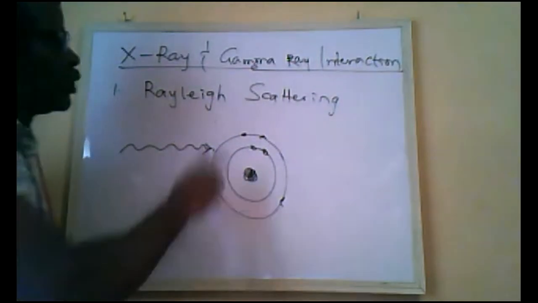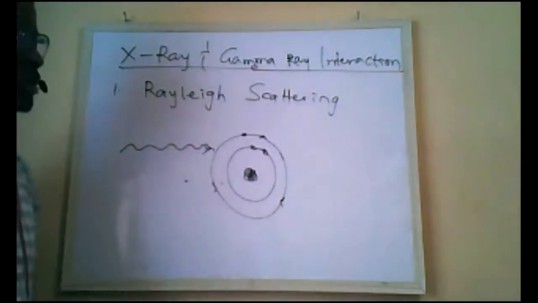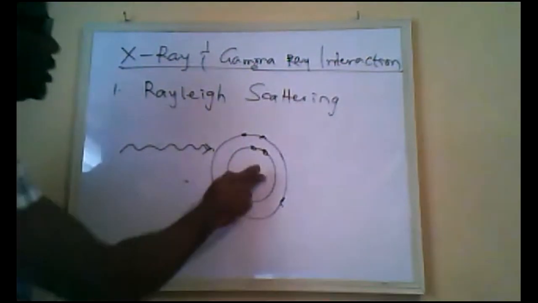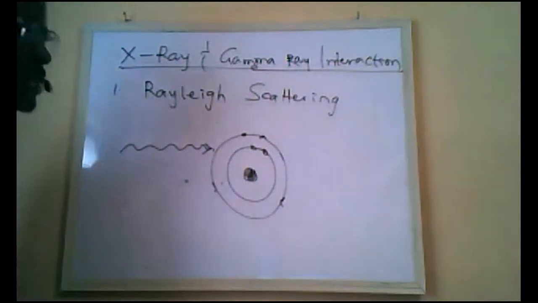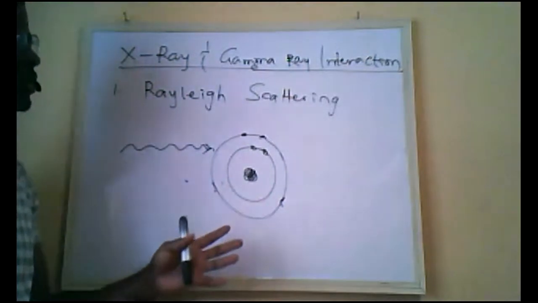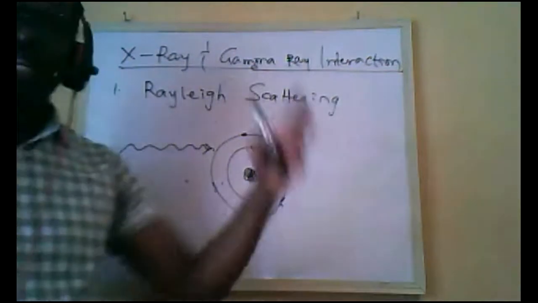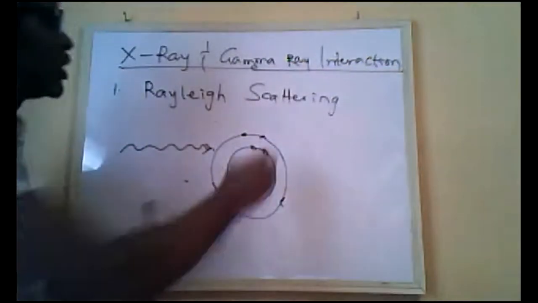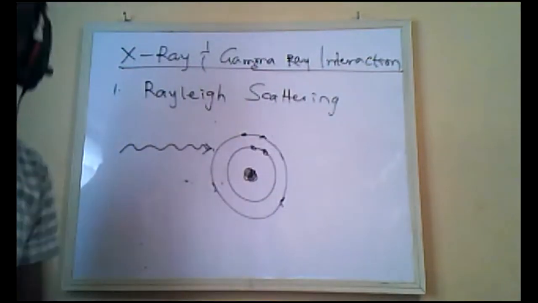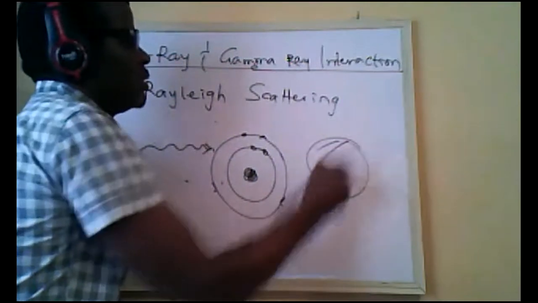But instead of the photon moving to affect the orbital electrons, or the innermost electron, or even the nucleus, it just interacts with the whole atom, that is, with the electron cloud. These electrons here we have depicted as a two-dimensional image, but it is actually three-dimensional in nature.